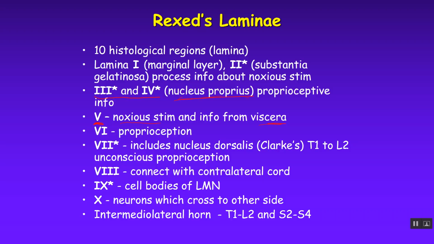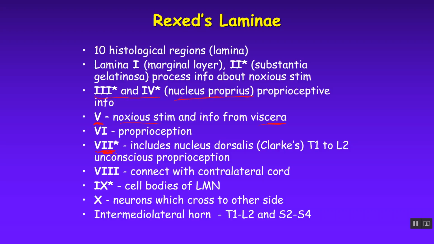Lamina 1 and 2 are more from the body, the somatic regions of the body, surface of the skin, muscle, bone, those kind of things. Rexed's lamina number 5 is where that initial communication is coming from pain receptors in the viscera, okay? Heart, stomach, gut, those kind of things.